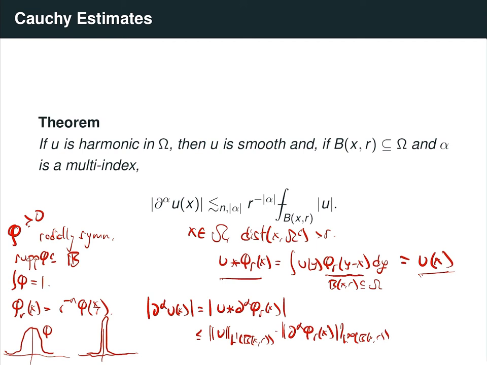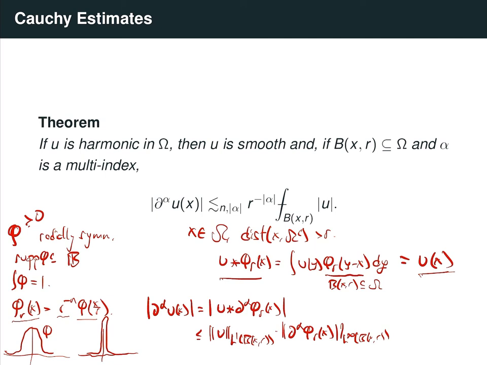Now recall that phi was some radially symmetric smooth function in the unit ball. So its infinity norm inside the unit ball is just some fixed number. But when we take phi_r, its infinity norm is r to the minus n times the infinity norm of phi, so it's some constant times r to the minus n.